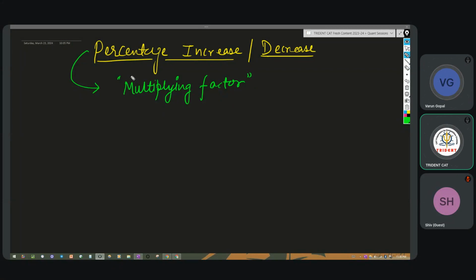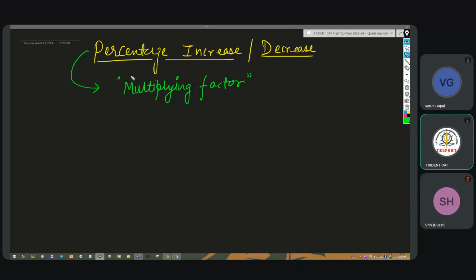I have seen students get bogged down by the multiplying factor. There's nothing too special about it. It's just a multiplier. The fact that we call it a multiplying factor does not imbue any characteristics of a factor or a multiple. It's just a name that teachers and mentors have given it, and I also reciprocate with the name.